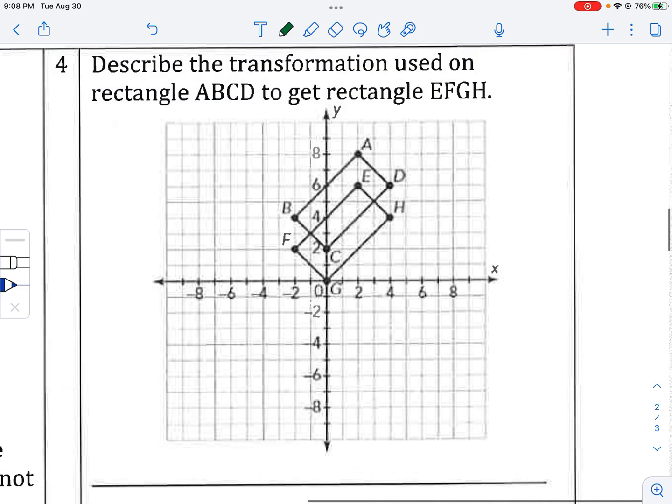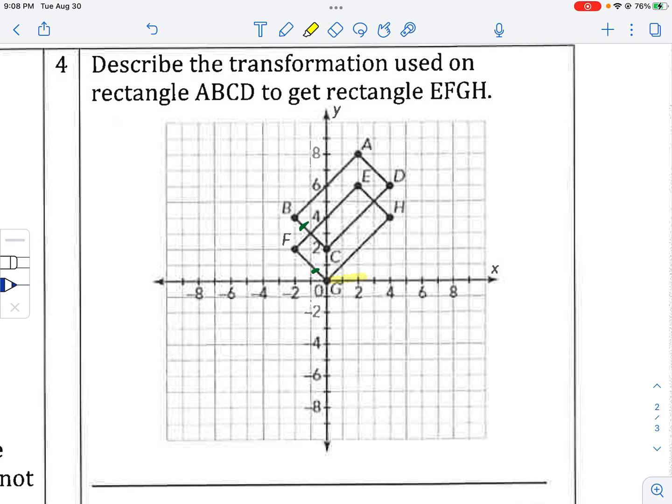Okay, this next one. So if I look at this, down 2 over 2. Down 2 over 2. Okay? So that means these sides are congruent to each other. So let's look at this.